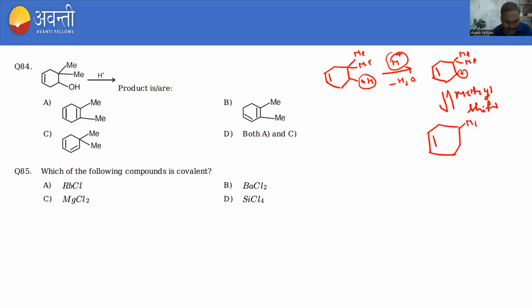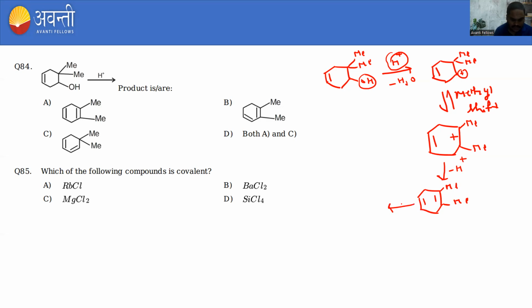They have Me, here also we have a Me, and this positive charge goes to this position. Similarly, in the next step, H plus will be removed and we get a compound like this, with double bond, double bond, one methyl group here and one methyl group here. So this is what we have.